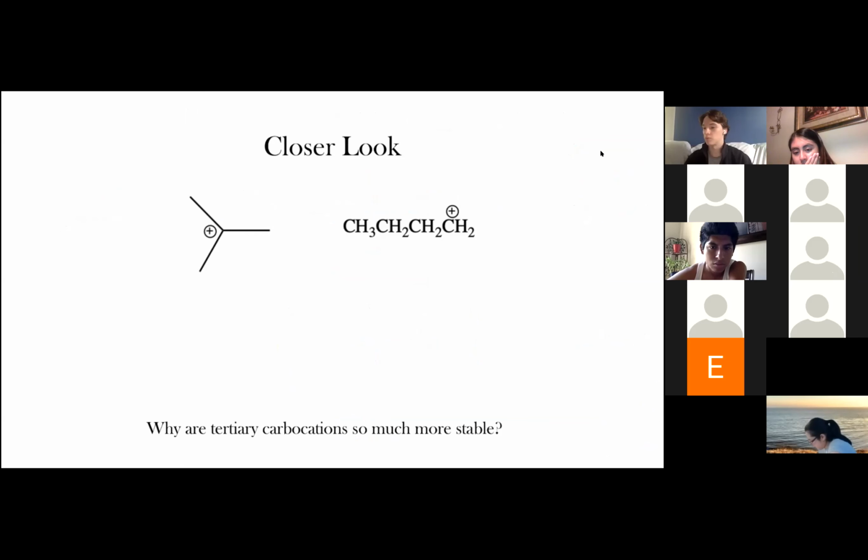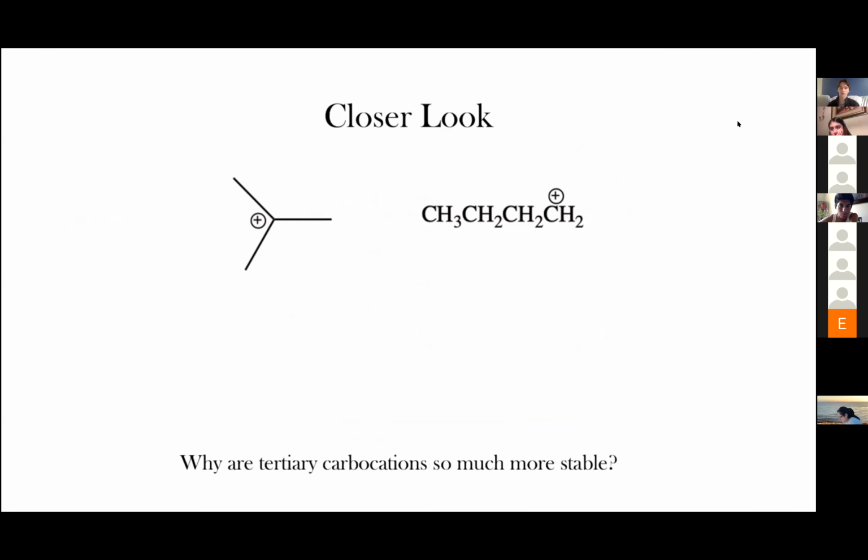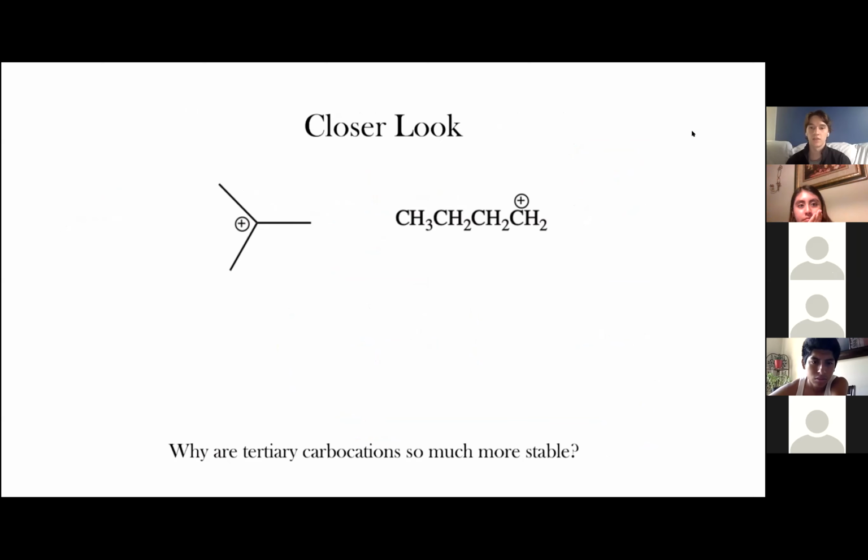Okay, so if we compare these two molecules, the one on the left is a tertiary carbocation, and the one on the right is a primary carbocation. And the heat of formation of this one is 690 kilojoules per mole.